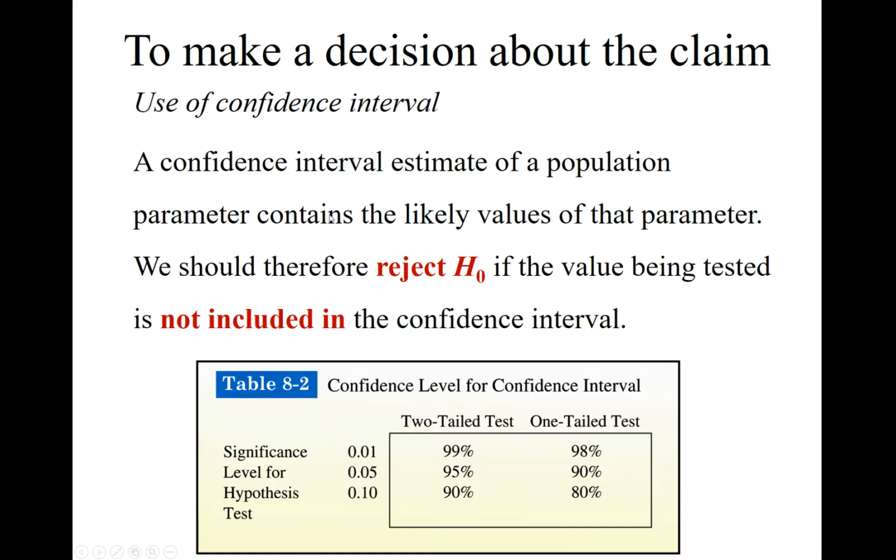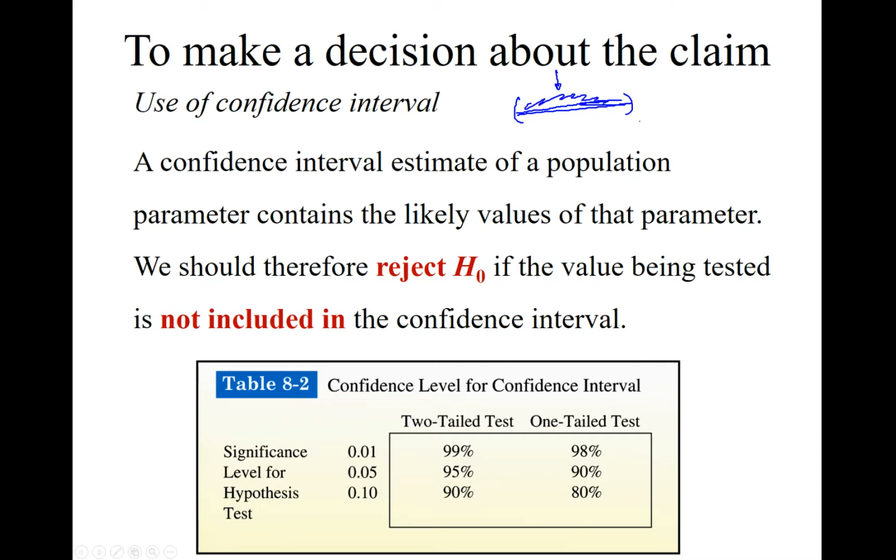All right, the last decision-making method is to use a confidence interval. If you can recall what a confidence interval means, it is an interval where you're pretty confident that the population parameter will be somewhere in the interval.